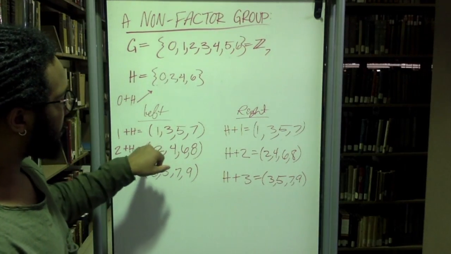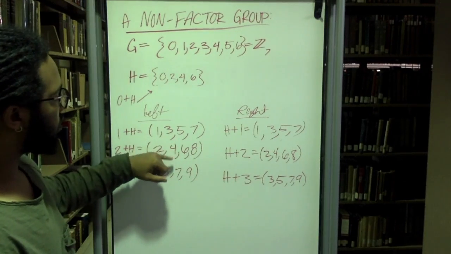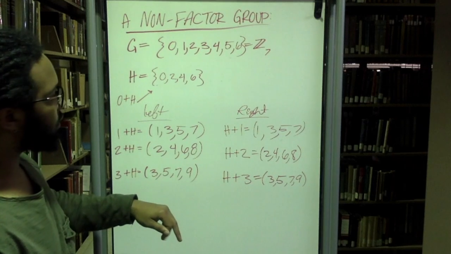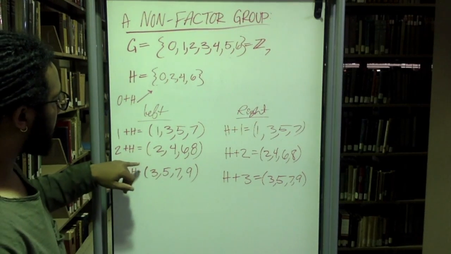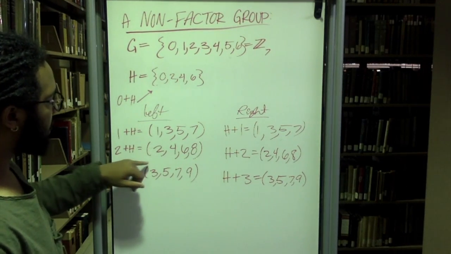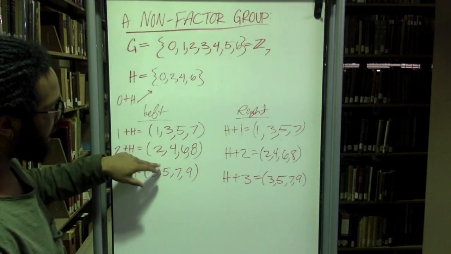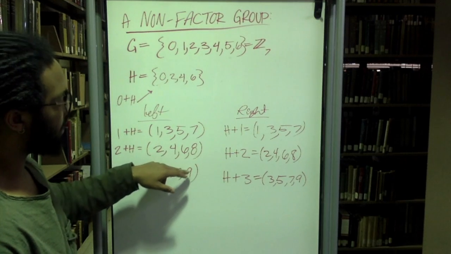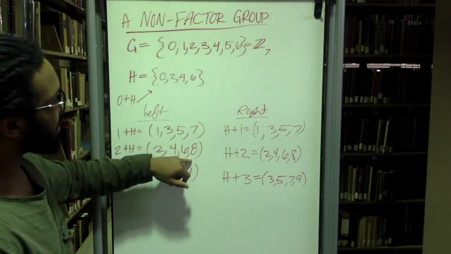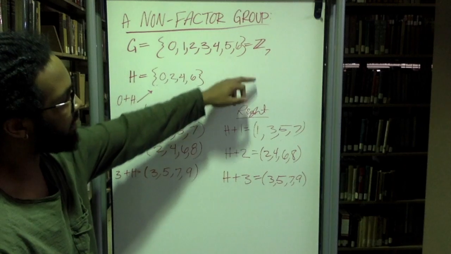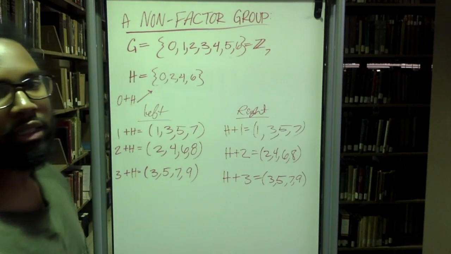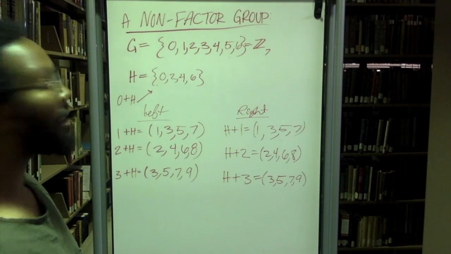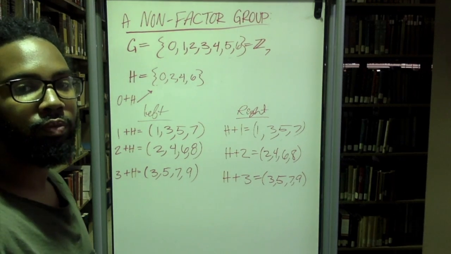However, the elements that we obtain from doing the cosets don't fall under Z7. For example, we're looking at the 2 plus H coset. We have elements 2, 4, 6, and 8. 8 isn't a part of Z7, so it's not a normal subgroup.